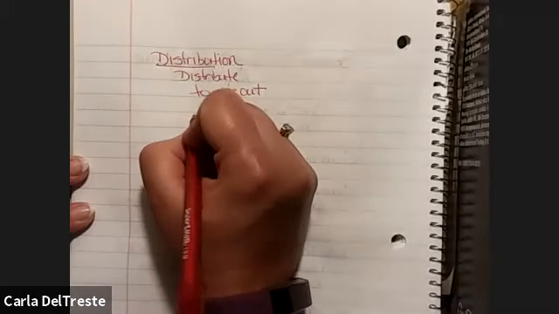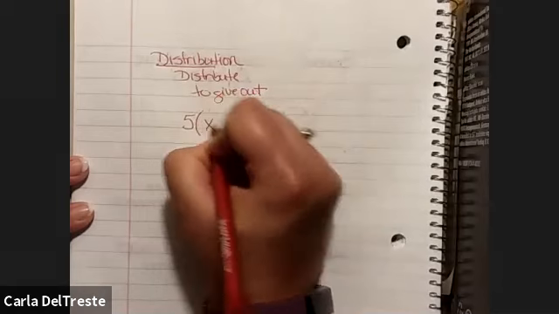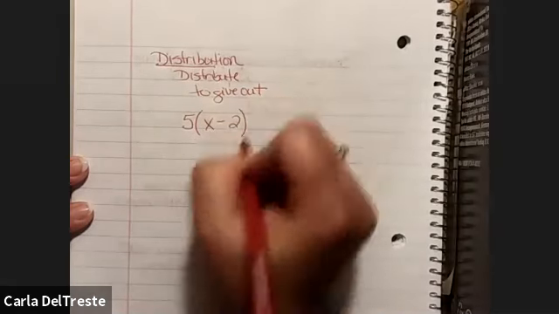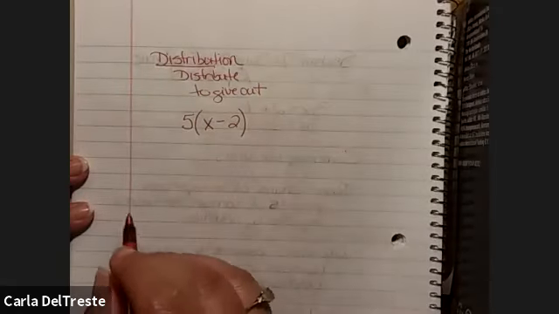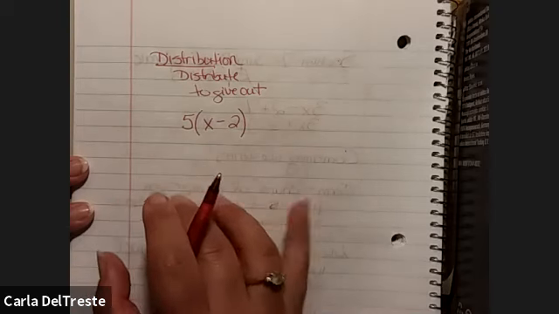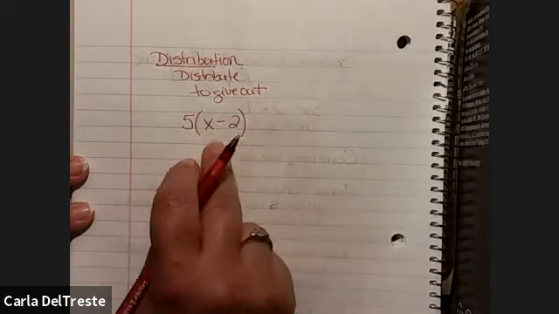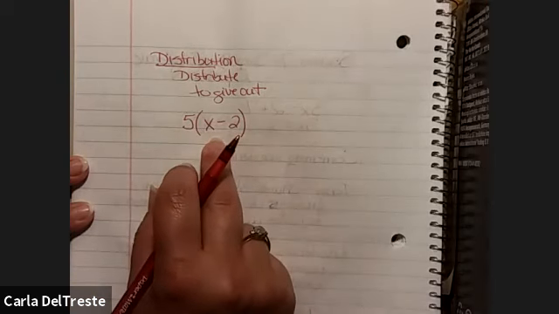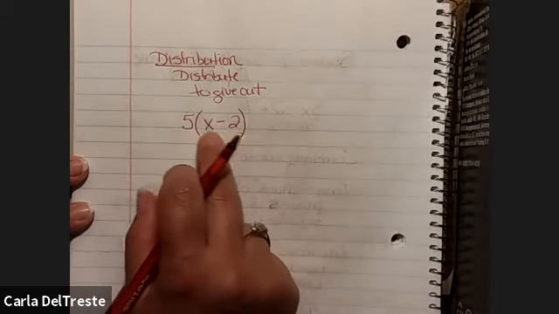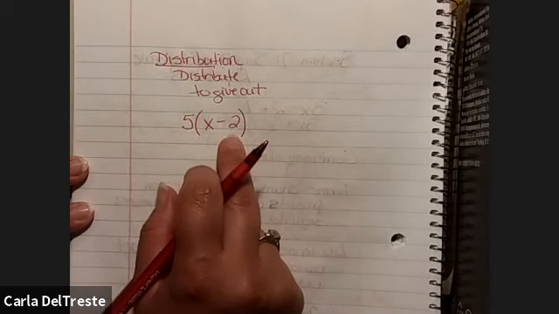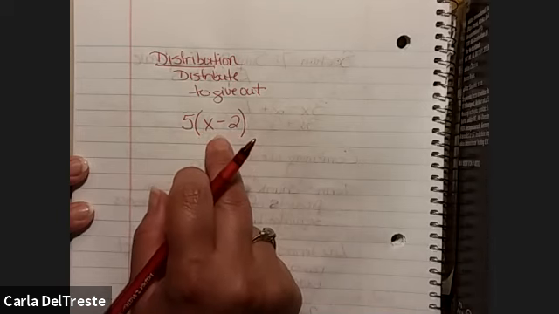Distribution looks like this. Let's say I have 5 times x minus 2. Don't ever forget that PEMDAS exists. If I looked at this and I tried to use PEMDAS, what's in the parentheses can't be combined. PEMDAS would wind up failing me, okay?